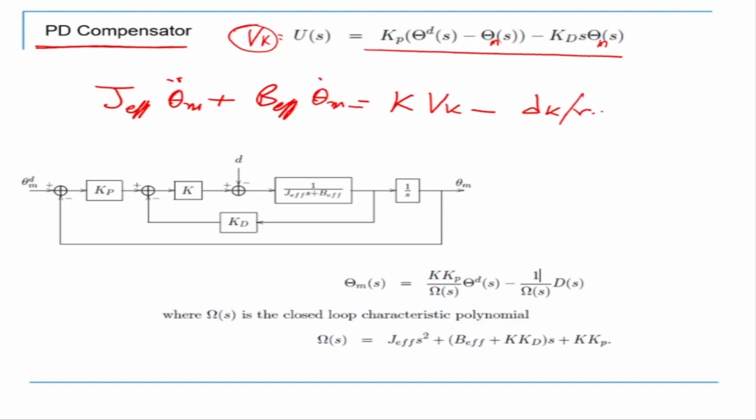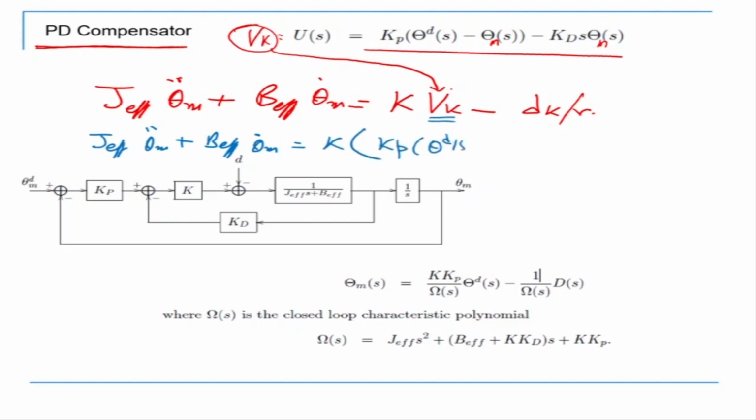Now I'm taking this and putting it here. So what do we get? Let me write the equation again. It's not very difficult once you understand, but there are a lot of terms. J effective into theta m double dot plus B effective theta m dot is equal to K into my Vk, which is equal to KP into theta d s.